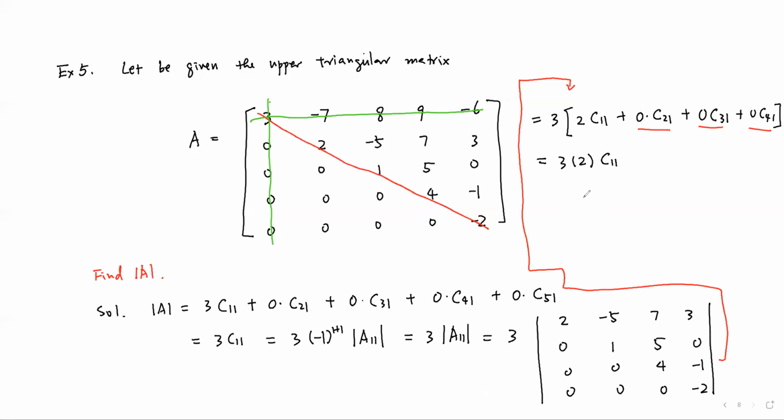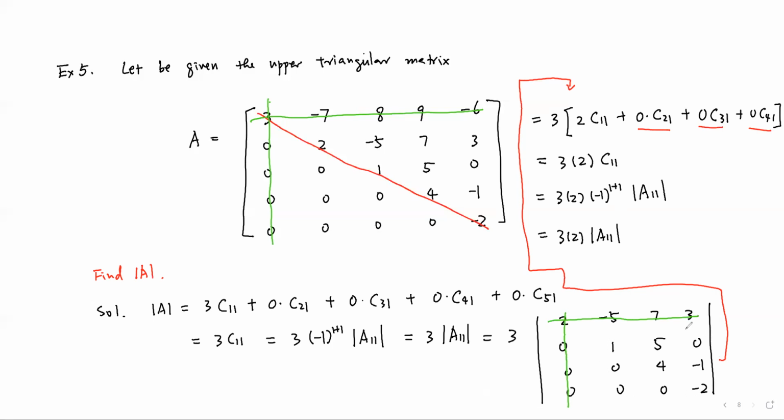Now let me determine capital C11 by formula. It is negative 1 to the 1 plus 1 times the determinant of capital A11. So this is 3 times 2, negative 1 to the 2, positive 1, times A11. Now to determine capital A11, delete the first row and the first column.